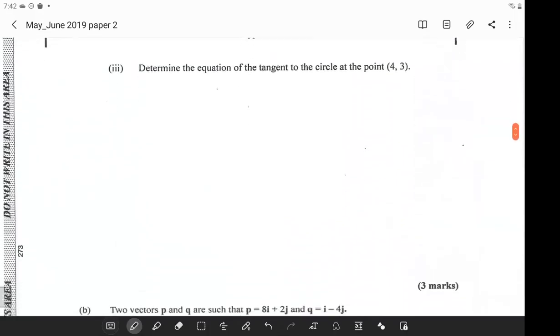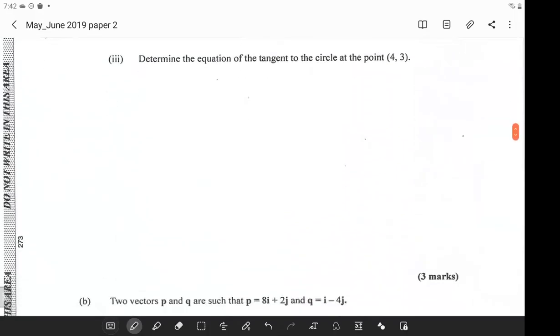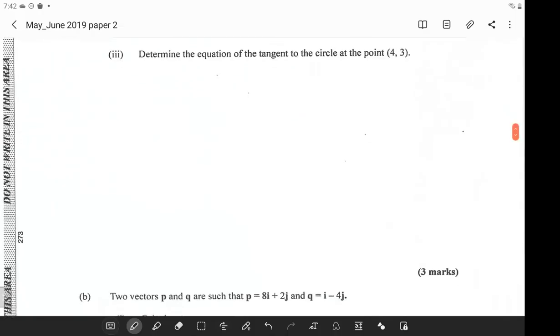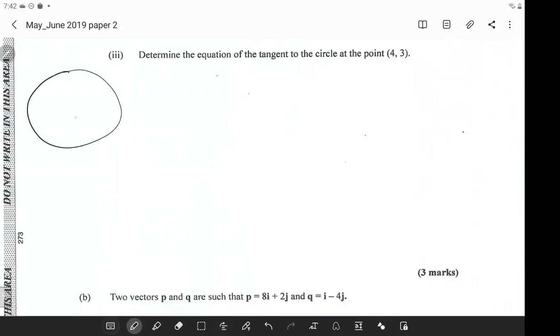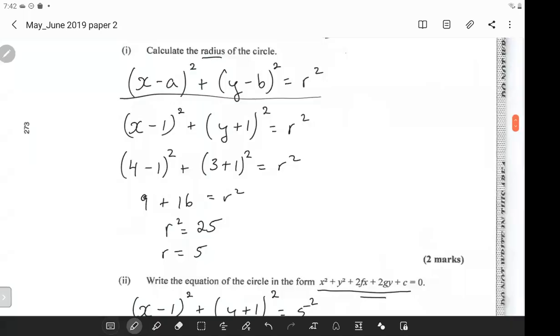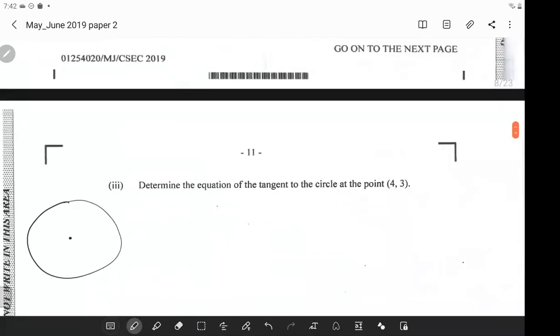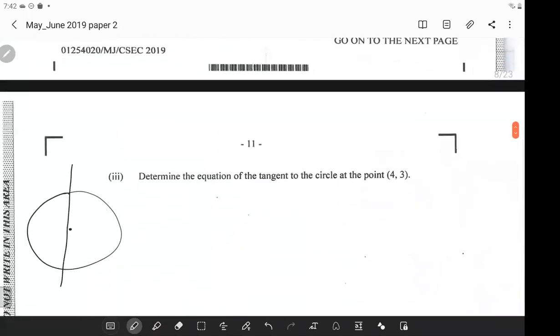Determine the equation of the tangent to the circle at the point (4, 3). So they want the equation of the tangent. Let's look at what we have. We have some circle, and the center of our circle is (1, -1), something like this.